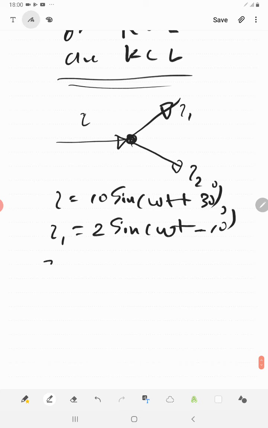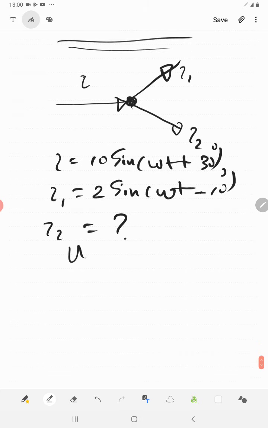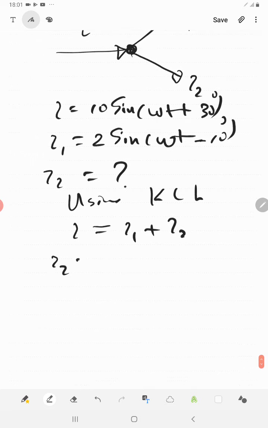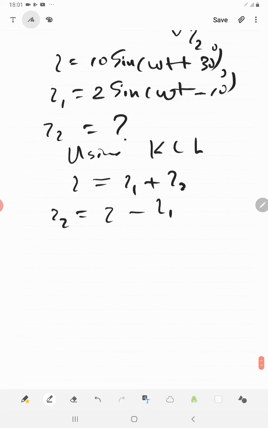Find I2. So using KCL, we know that I equals I1 plus I2. So I2 is equal to I minus I1.